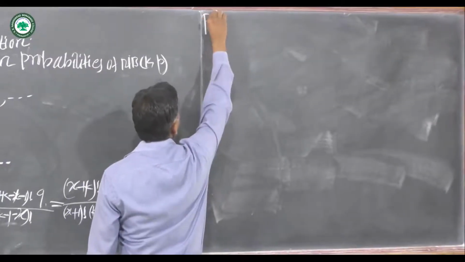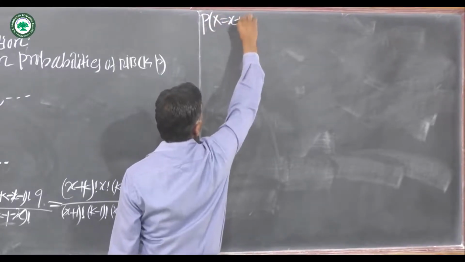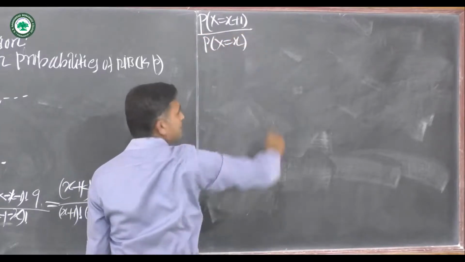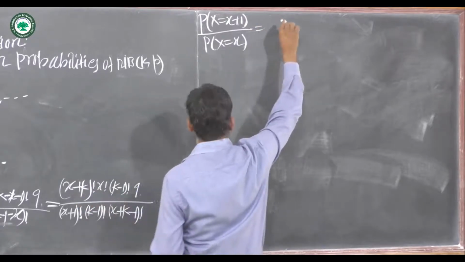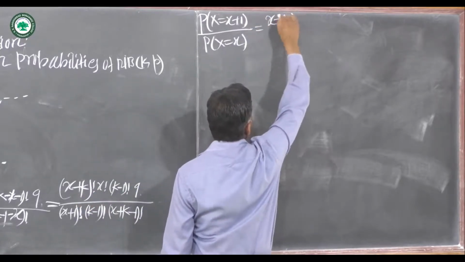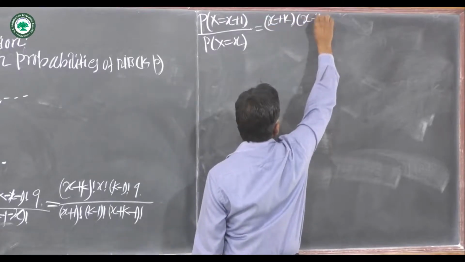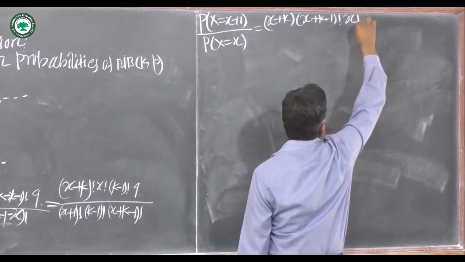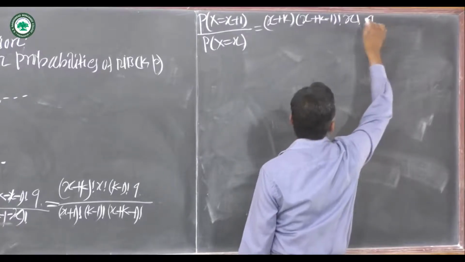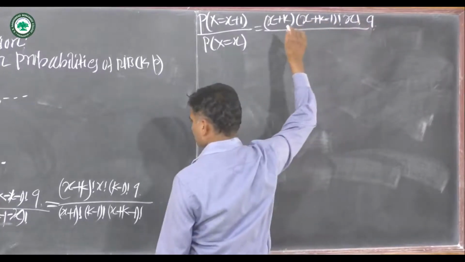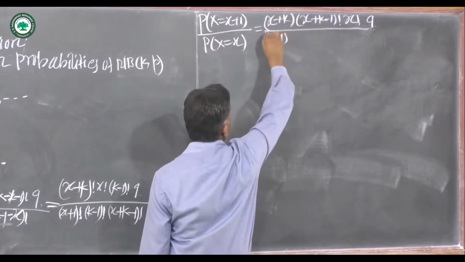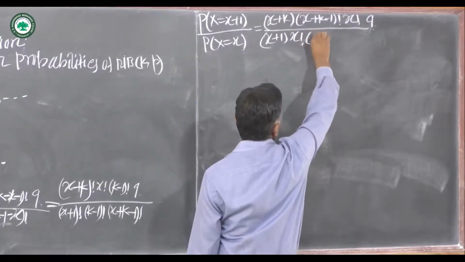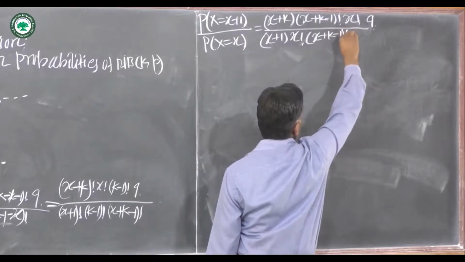which is equal to probability of X equal to x plus 1 upon probability of X equal to small x, which is equal to x plus k into, in second bracket, x plus k minus 1 factorial into x factorial into q upon x plus 1 into x factorial into x plus k minus 1 factorial.